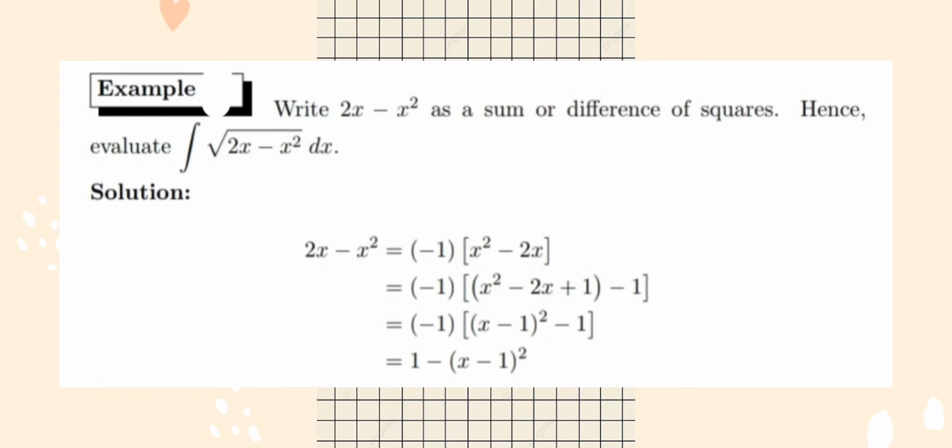So the first step is we need to convert 2x minus x to the power of 2 into the form of completing the square. And then we get 1 minus (x minus 1) to the power of 2.